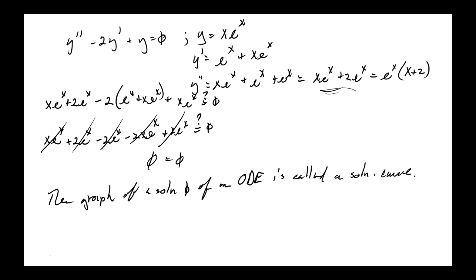If y is equal to 1 over x was a solution for a differential equation, obviously x cannot equal 0, because you can't ever divide by 0. Well, its graph could then look like this.